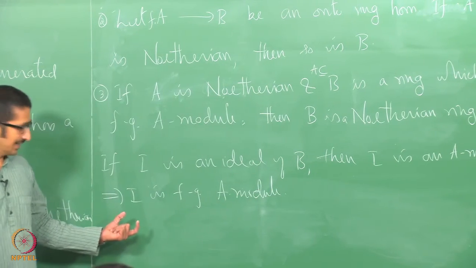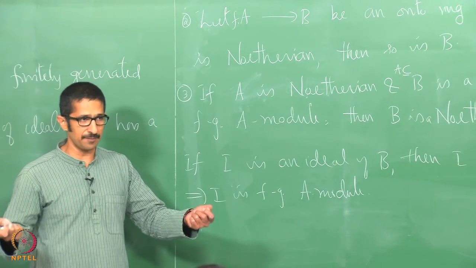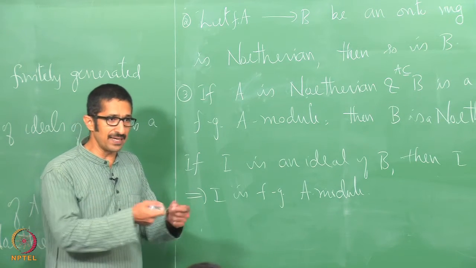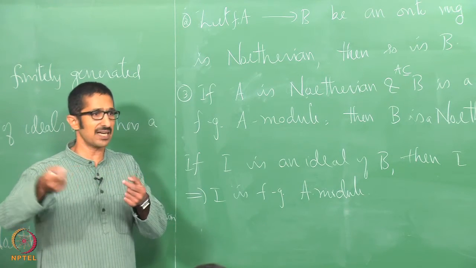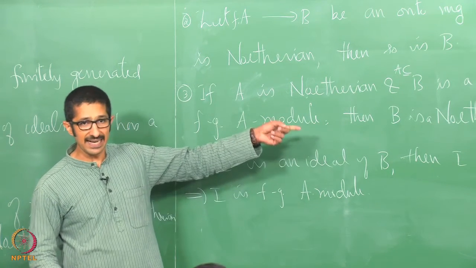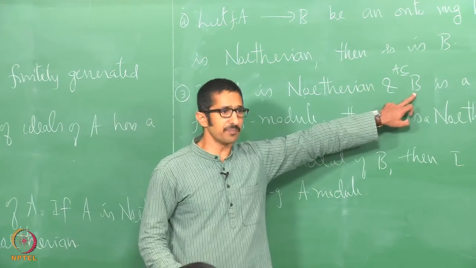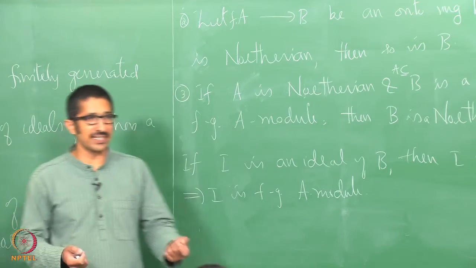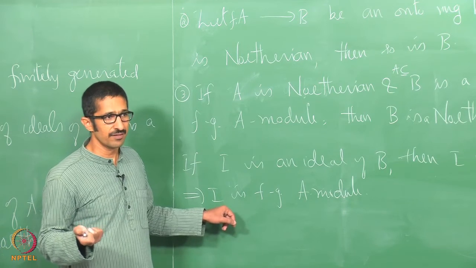What does that mean? So there exists a finite generating set, let us say x1, x2 up to xn, such that every element of I is written as a linear combination of the form a1 x1 plus etc. plus an xn, where each ai is coming from A, but A is already there in B. So therefore every element is a linear combination of x1 up to xn, which means I as an ideal is finitely generated.